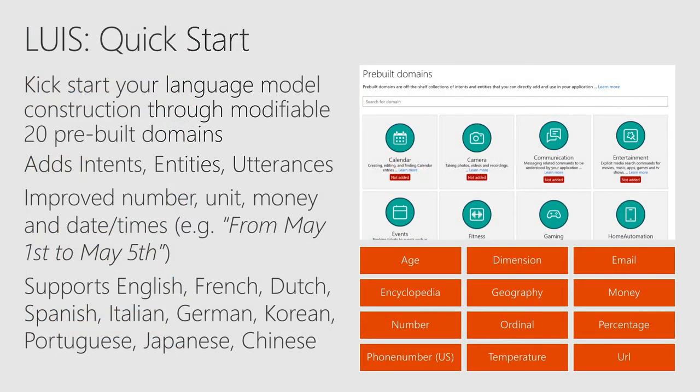However, despite that being fairly straightforward, Microsoft makes it even easier to get started because they have a whole bunch of pre-packaged intents and entities that you can take and build a model really quickly. So if you're building an app in a particular domain, perhaps a camera app or a fitness app, they have a whole bunch of pre-trained content that you can simply load into your model to get started.